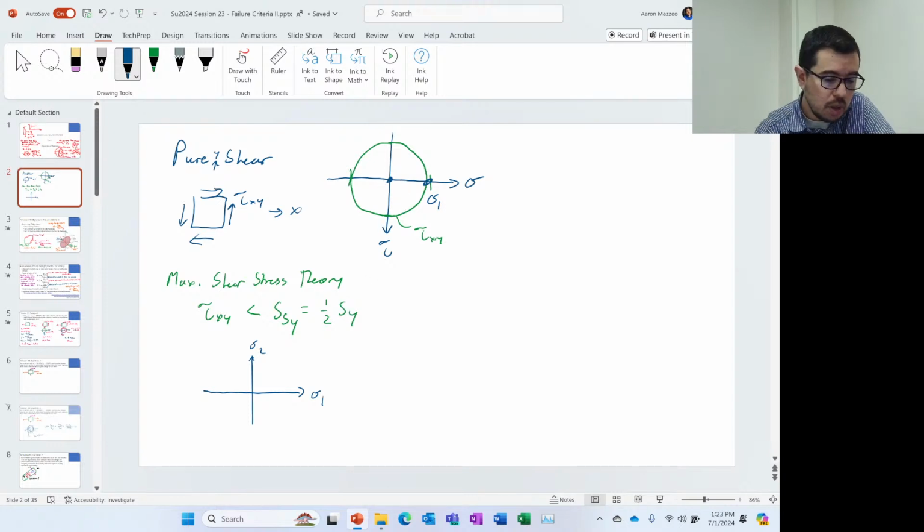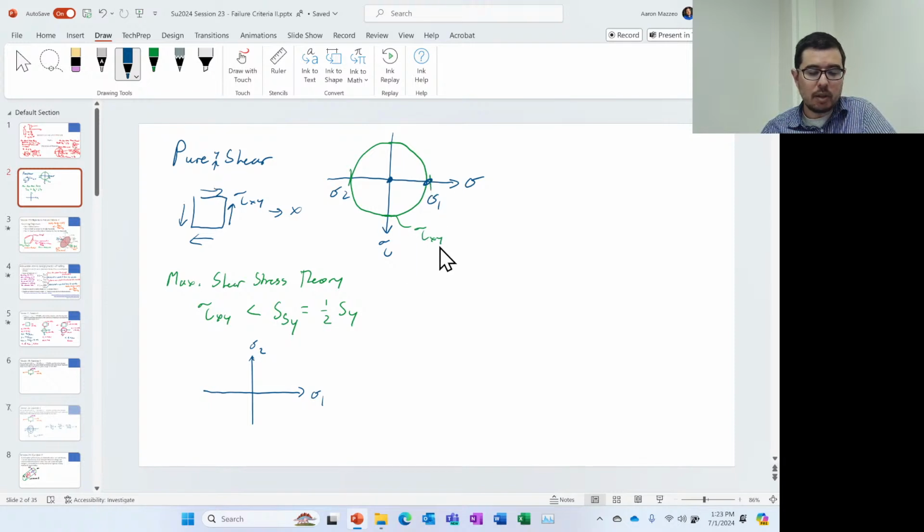So sigma 2 is going to be over there. And if I've got pure shear, then sigma 3 I'd probably say is at the origin, but not because of what's happening in the plane, but because of what's happening out of the plane.